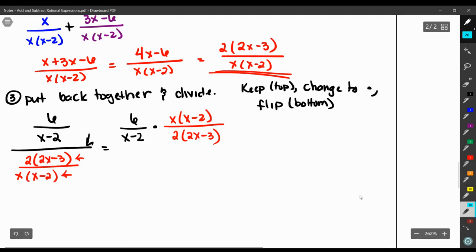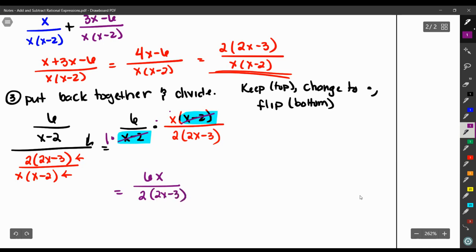Because now that we are here, I can see that when I multiply fractions, remember, we can simplify common factors across the entire expression. So I see that x minus 2 and x minus 2 are the same factor, so we can actually simplify that out. And what we're left with is 6 times x, which is just 6x, over, and this is really a 1 times 2, is 2 times 2x minus 3.